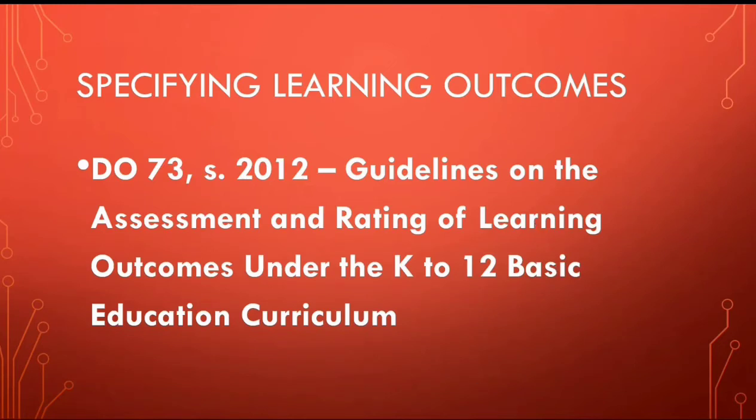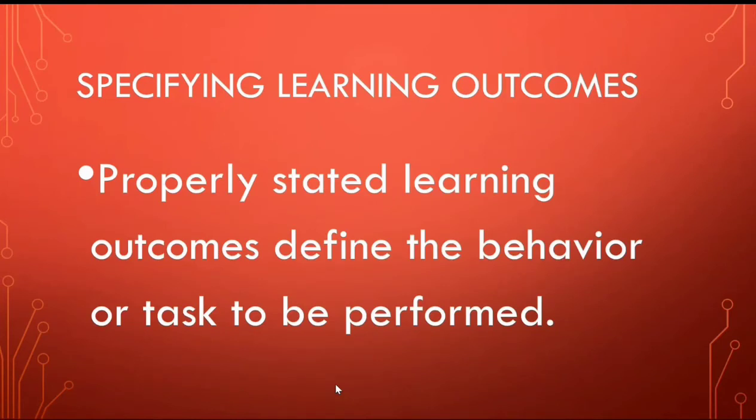Okay? Again, read this DO 73 series 2012 for you to be guided on the assessment and rating of learning outcomes for K-12 basic education curriculum. Okay, properly stated learning outcomes says here, define the behavior or task to be performed.